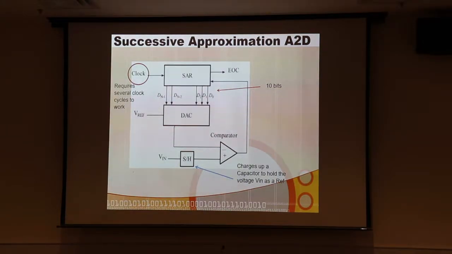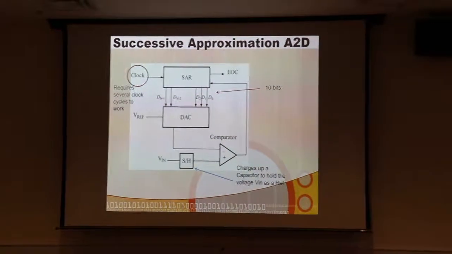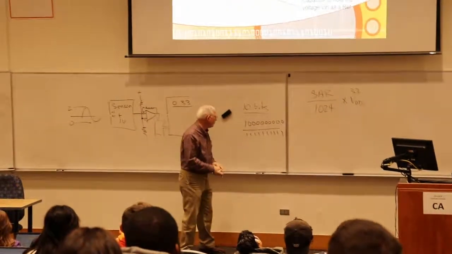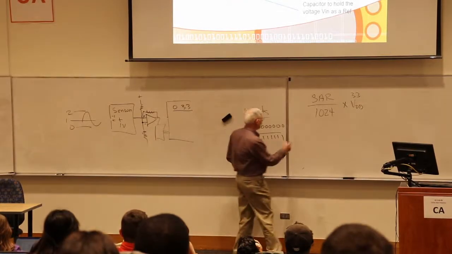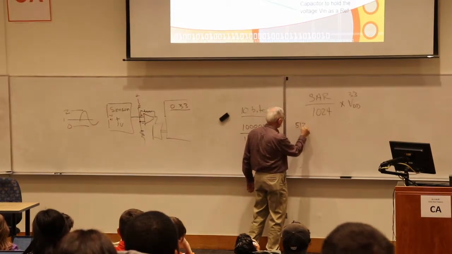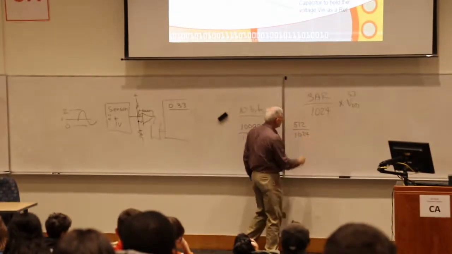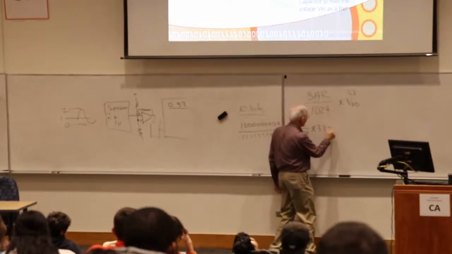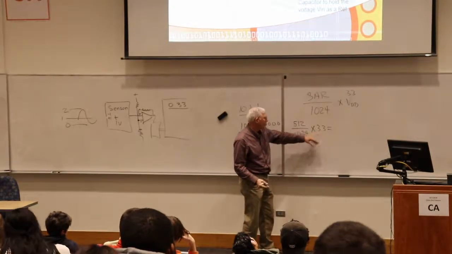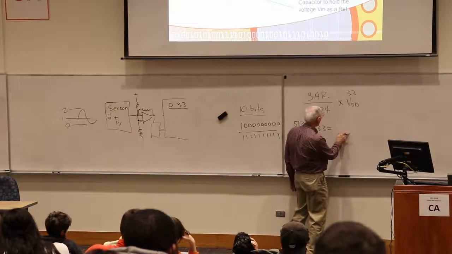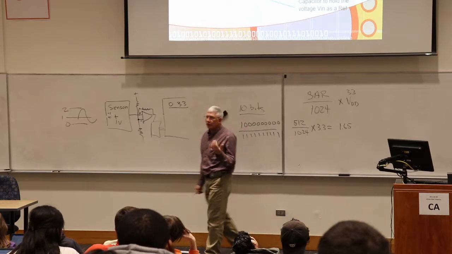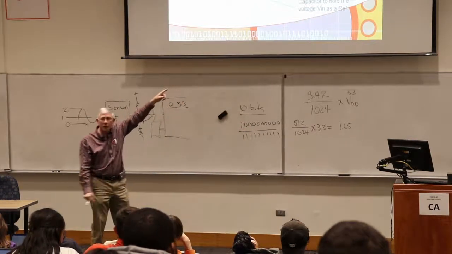Well, essentially, it's going to output this over 1 1 1 1 1 1 1 1 1 1. Since this is 512, and the other is 1024, it's going to be 512 over 1024 times my maximum voltage of 3.3. So that's actually 1/2 of 3.3, which is 1.65, right? So it's going to send out 1.65 volts to my comparator.